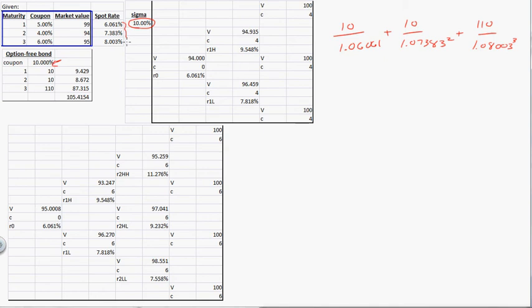So taking these spot rates and putting them here in the denominator, I come up with the price, which is that 105 number, and you can see each one of the components right there. Okay, so now that we have that done, we can use this number when we're finished if we want to check and make sure our work has been done correctly.